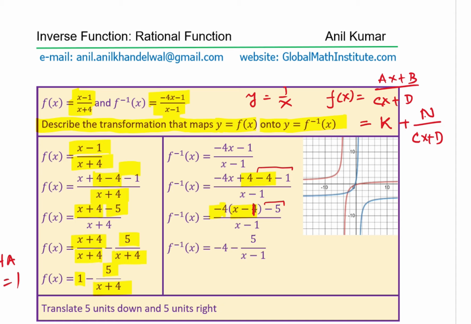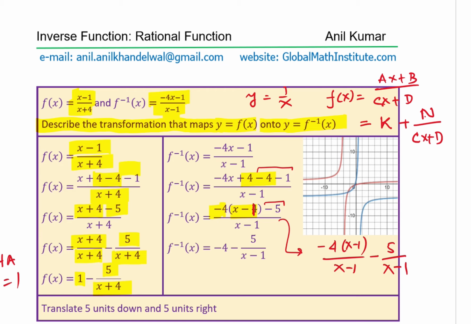And therefore, we could now write this again as equal to minus 4x. Let me rewrite here, right? Minus 4 times (x minus 1) over x minus 1, minus 5 over x minus 1.